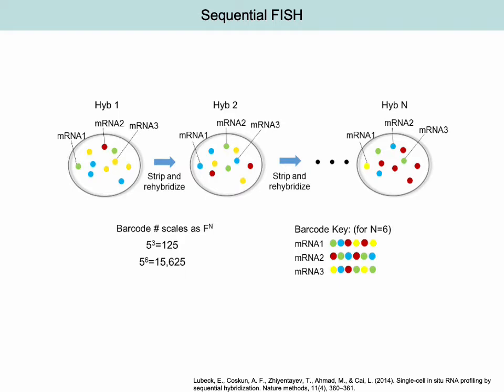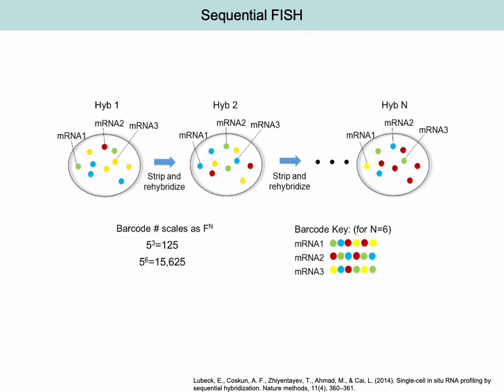You can also hybridize against the same molecule multiple times, with imaging and stripping in between those hybridizations. For example, you have this mRNA 1 here. It is painted green the first time, and then on the second round of hybridization the color is switched to blue, and so on over the n rounds of hybridization.